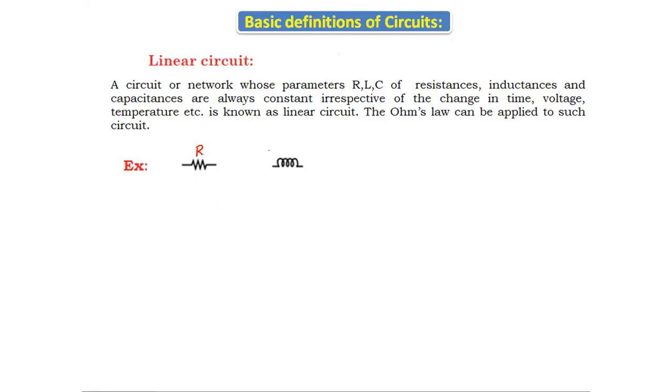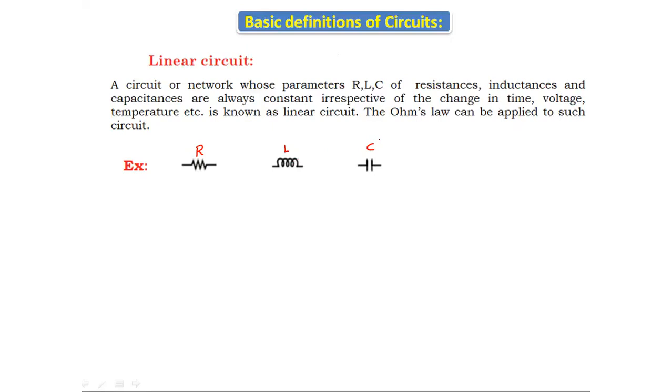Now if we take one more linear circuit element, that is the inductor. Inductor is indicated by the letter L. This is one of the linear elements. And now one more example of a linear element is the capacitor. A linear circuit may be a combination of resistors, or a combination of resistor and inductor, or a combination of resistor, inductor and capacitors.